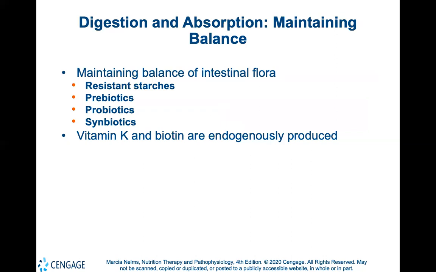The use of resistant starch, prebiotics, probiotics, and symbiotics is currently being studied in an effort to determine their role in colonic and microbiota health and in prevention and treatment of disease.